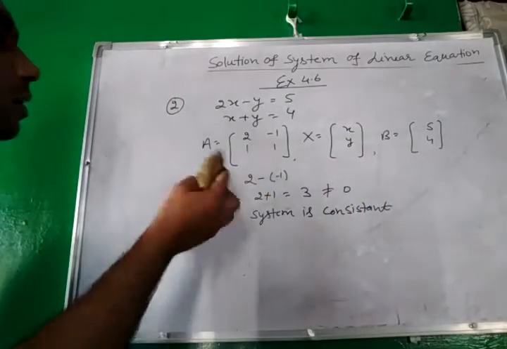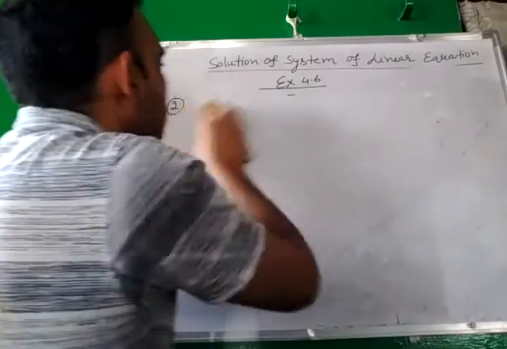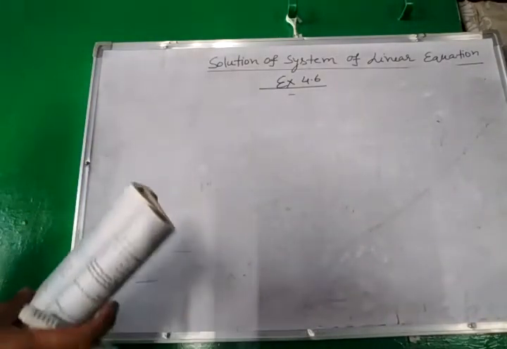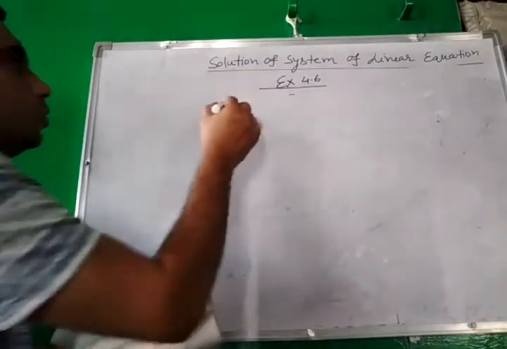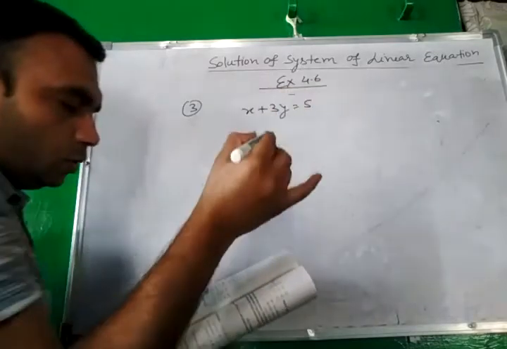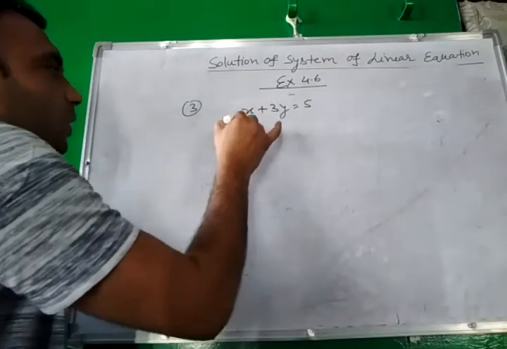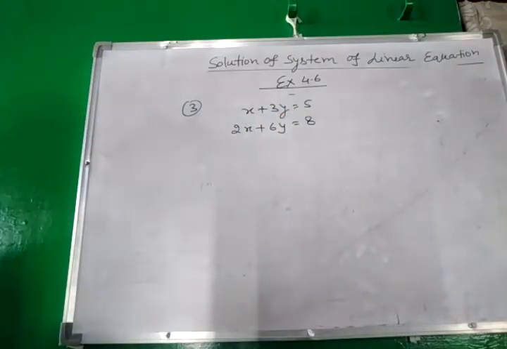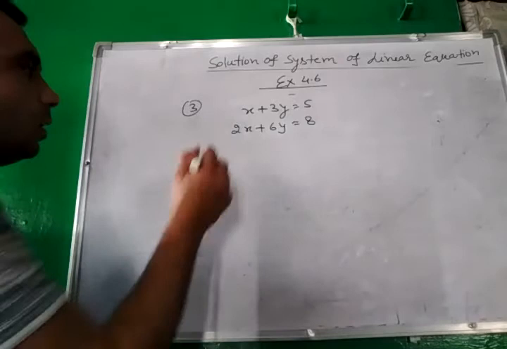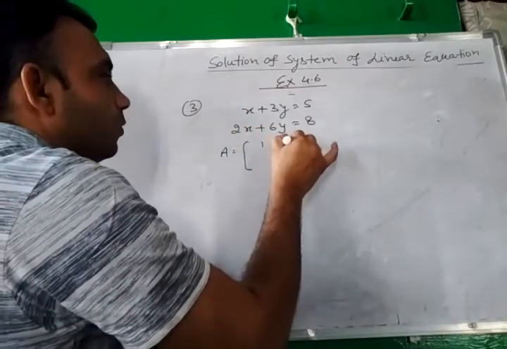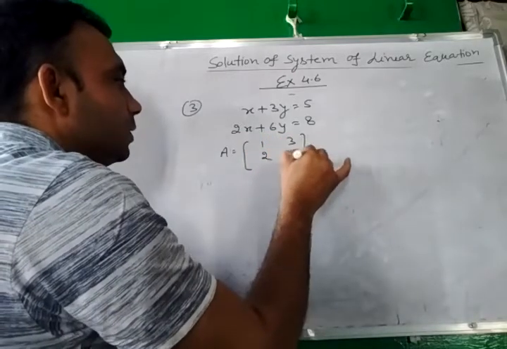Okay. In question number 3, if determinant of A is equal to 0, like question number 3: x plus 3y is equal to 5 and 2x plus 6y is equal to 8. What is different in this question? If we arrange in matrix form, then A is the matrix of coefficients 1, 3, 2, 6.